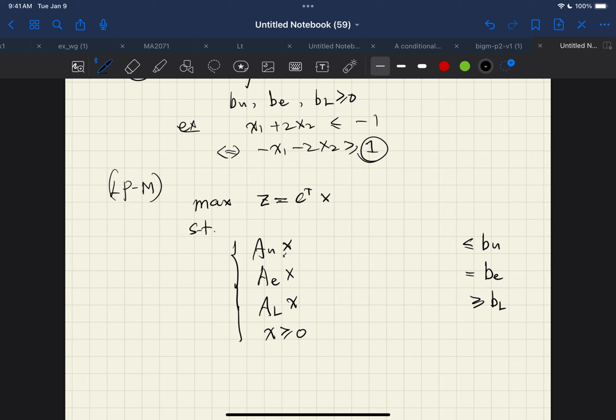For the first one, it's very natural. We add one variable, then we can change this to equality. No punishment is needed. For the second one, it's already equality, but because there's no appropriate pivot row, what we want is to add xe, an artificial variable, then punish it.